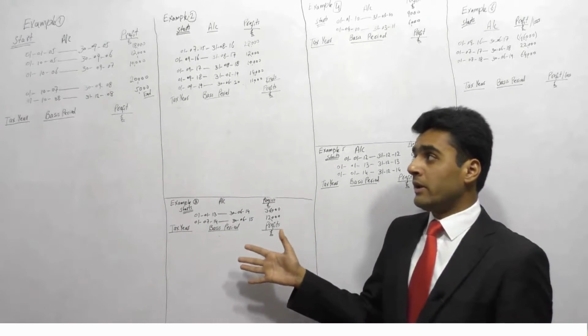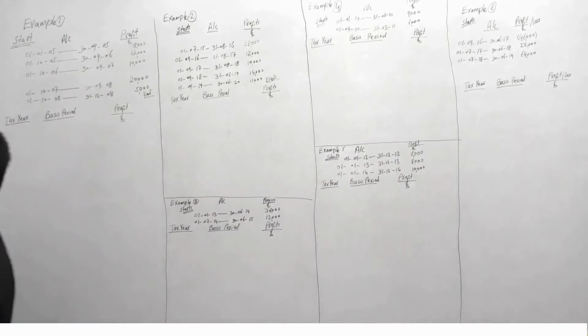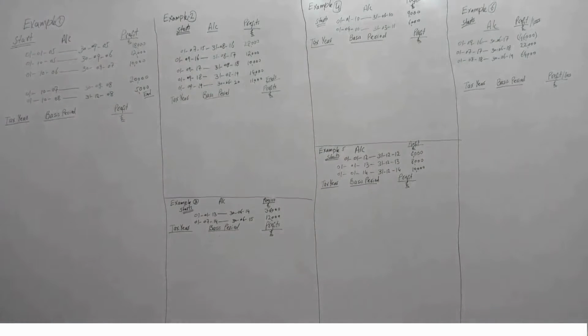Now while you look at these examples, there is always either the business is starting or the business is ending in all of them. If you look at example number 1, it says the business is started and the business is ended as well in the same example.